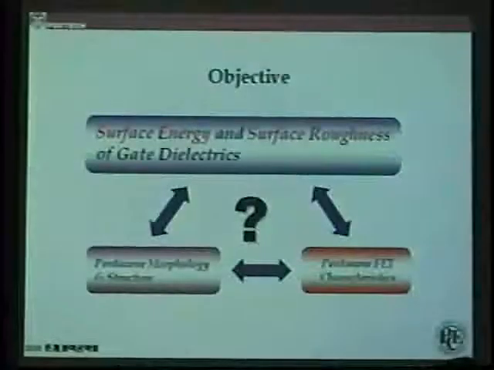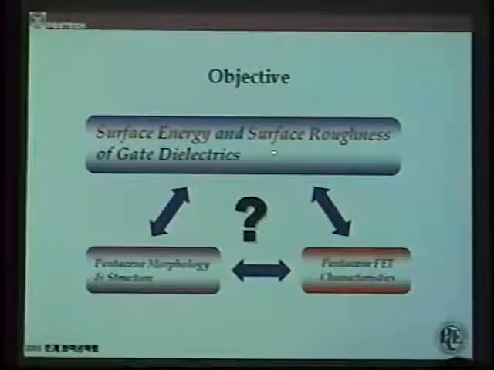Next. So the objective of this talk is the surface energy and roughness effect: how they affect the morphology of pentacene and the crystal structure, which is closely related to pentacene FET characteristics.